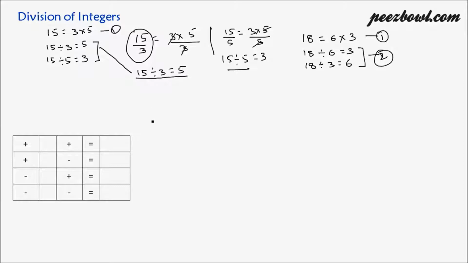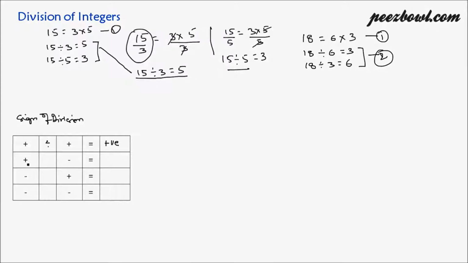And now let us find out what will be the sign of division when we divide one integer by another integer. This is a simple table. Let me write it down. Sign of division. When we divide two positive integers, the result of the division will have a positive value.